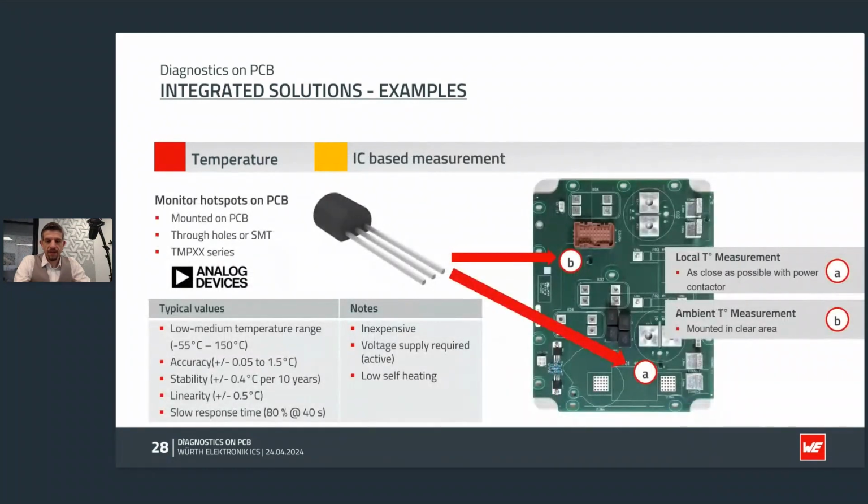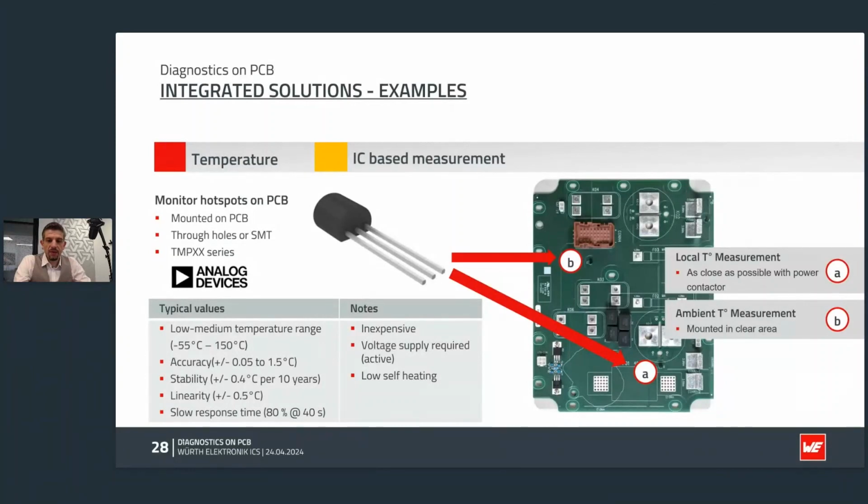Another type of sensor for temperature can be an analog device TMP series. This kind of sensor is an active IC which requires a power supply of 5 volts and is relatively stable or slow in temperature measurement. This is a good choice when the temperature changes are not rapid.